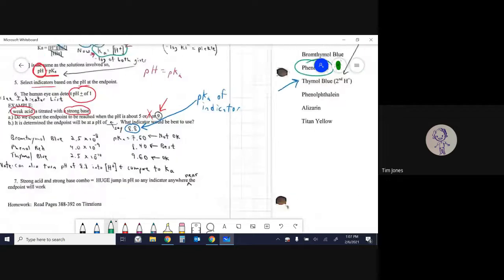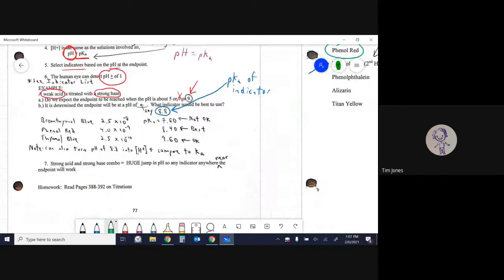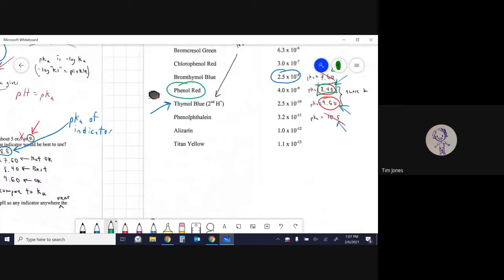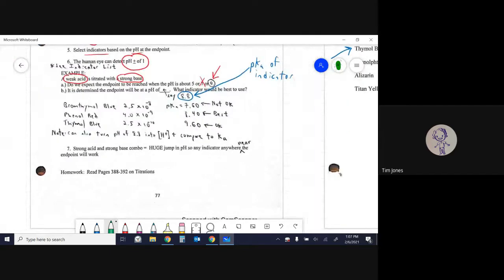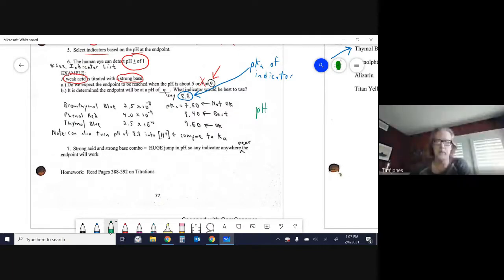And I believe I also have this over here. Yeah, I have the same idea listed here. I didn't even bother putting, what was it, phenolphthalein? That was the 4th one. Yeah, I didn't even bother doing that over here. And notice the way I solved that was I compared pH at endpoint to pKa of indicator.